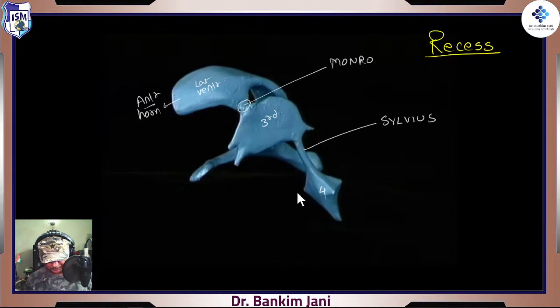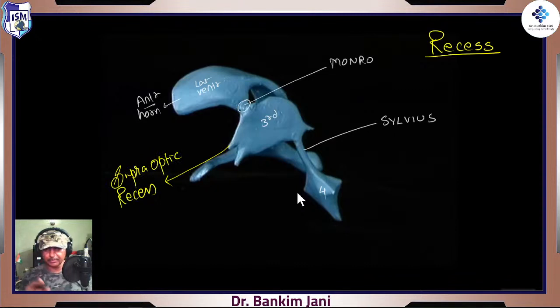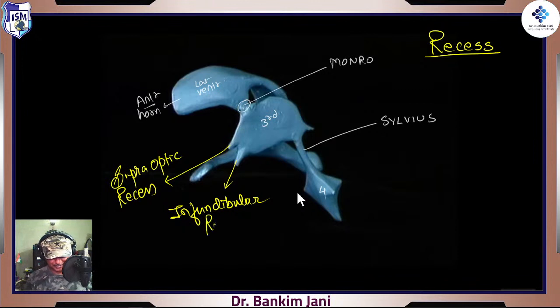So here, this one is called the supraoptic recess, because actually it will go into that space. This one is infundibular. Now you remember the infundibulum was what? The infundibular recess, which was like the infundibulum, the pituitary stalk.